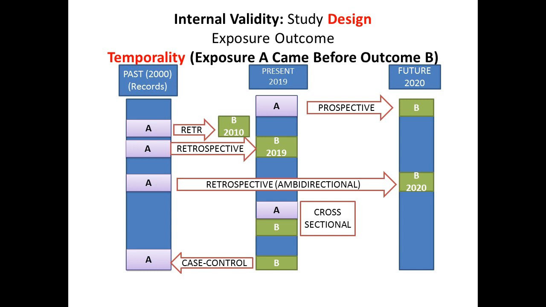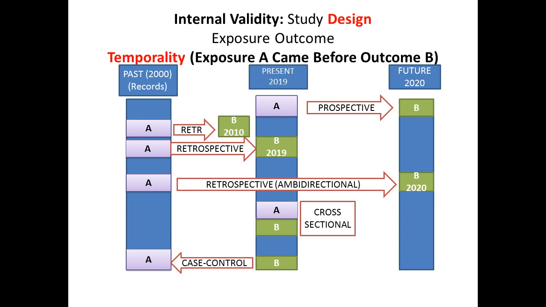Some study designs are better than others when it comes to answering an exposure question because of the issue of temporality, right? You must be able to say exposure A came before outcome B. Only then will your exposure outcome study be useful. So let's look at study design for exposure outcomes.